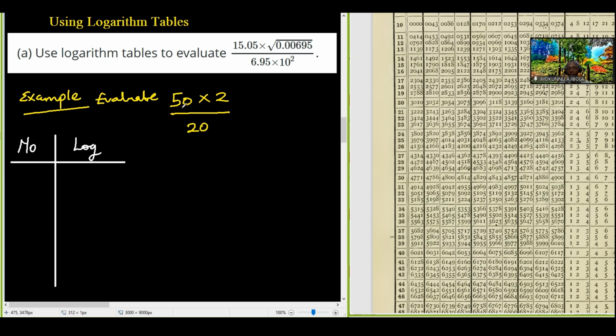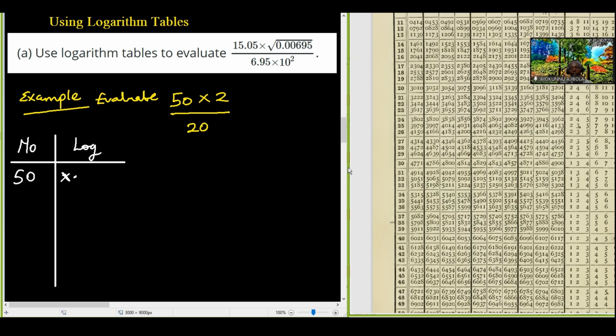The first number given is 50, so you write 50. Then you develop a character for that 50 here, a digit that will be here before you go into the logarithms table to check the value of log 50.